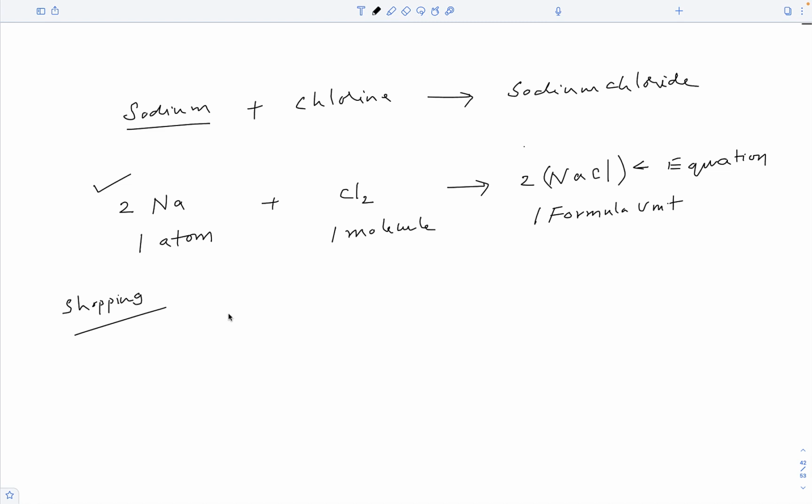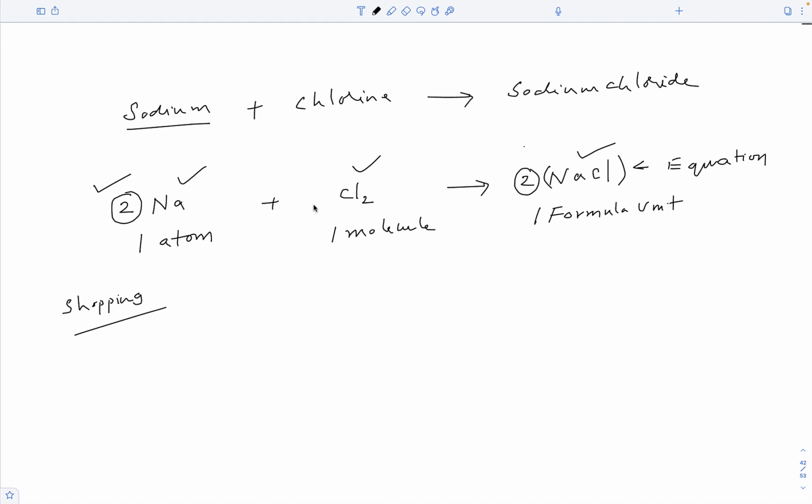By the way, what information do we get from a balanced chemical equation? We can always see what the reactants and the products are from a chemical equation. But in a balanced chemical equation, we also see some numbers before the symbols and formulae.